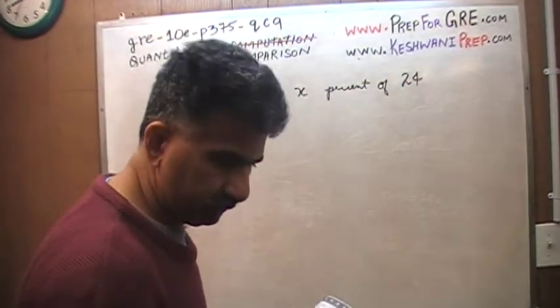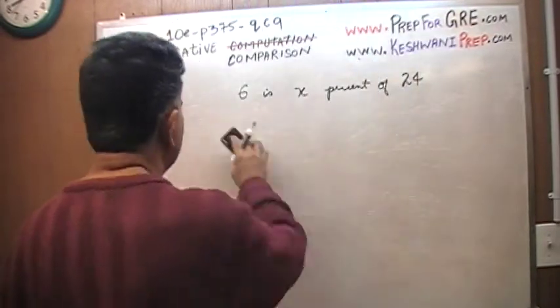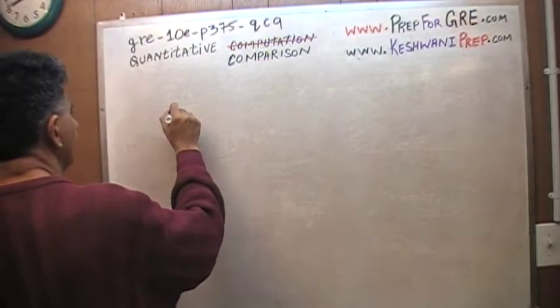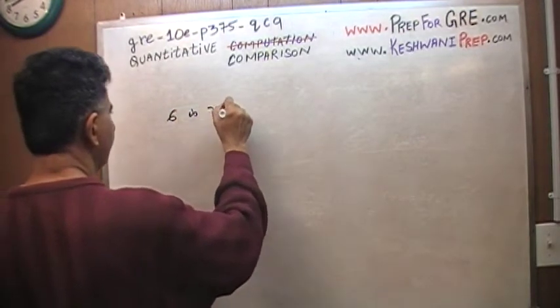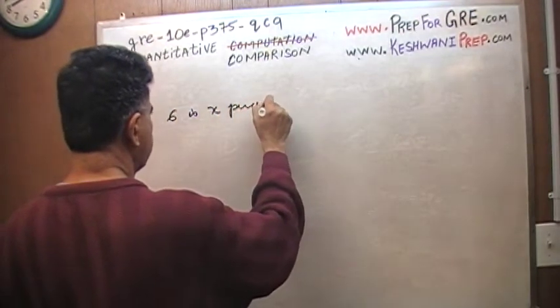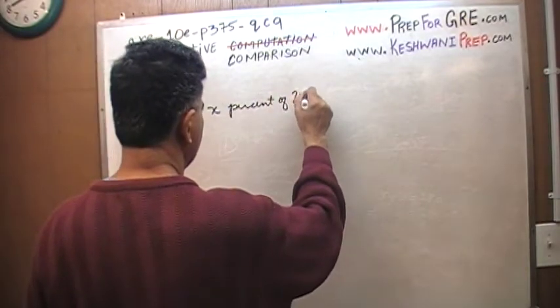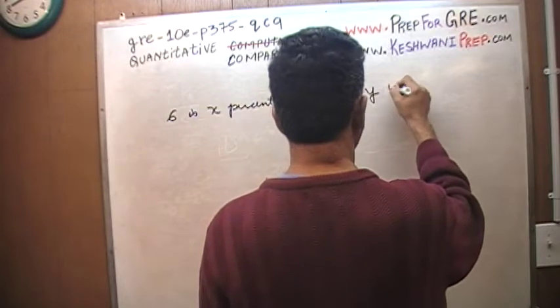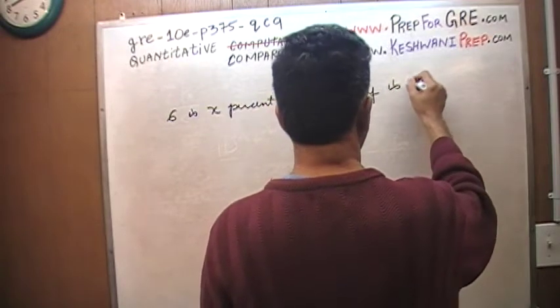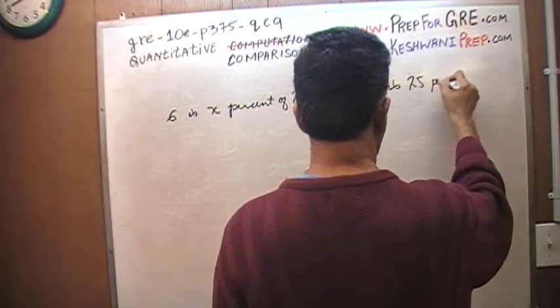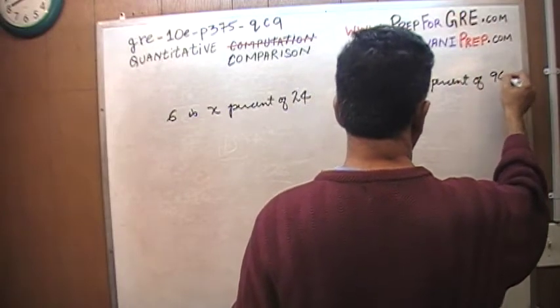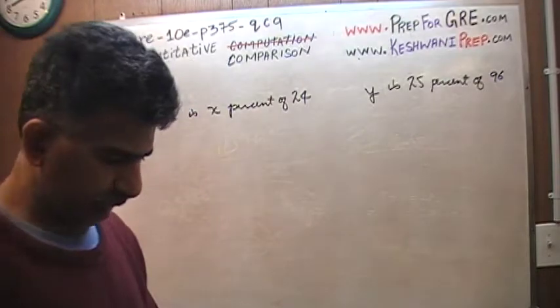Let's put them in a separate area so that I can write underneath it. 6 is X percent of 24. They also tell us Y is 25% of 96. So what can we do?